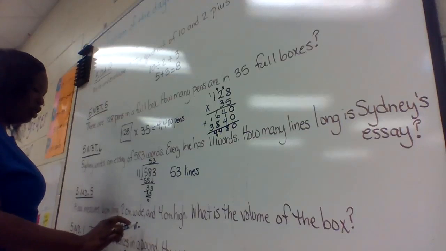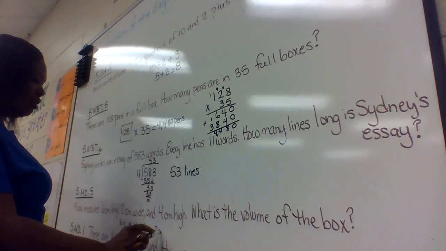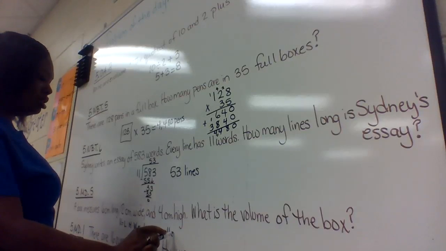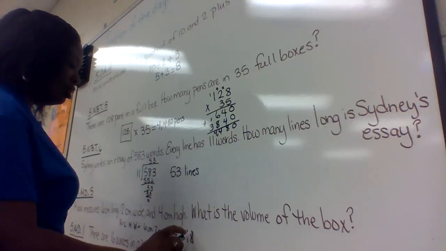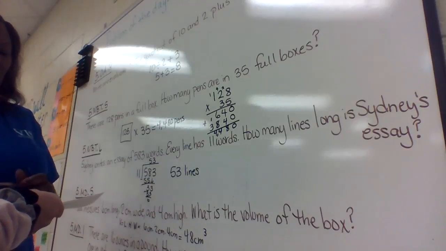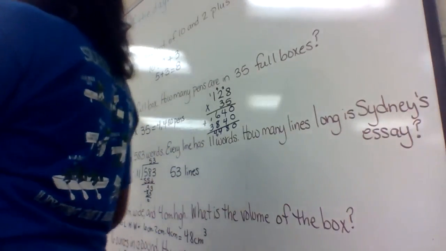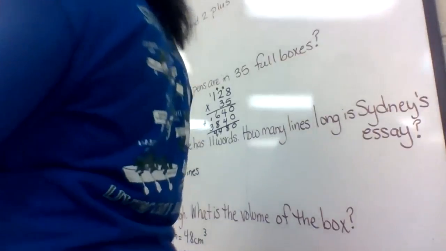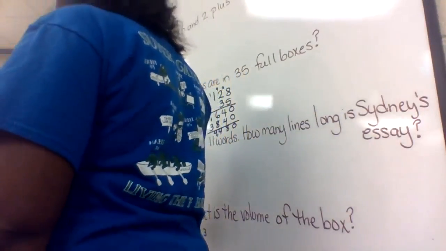So we are going to multiply 6 times 2 times 4, which is 48 centimeters cubed. Thank you, baby. Cubed because we have centimeters times centimeters times centimeters. So that's centimeters cubed, to the 3rd power, because we have 3 of them.